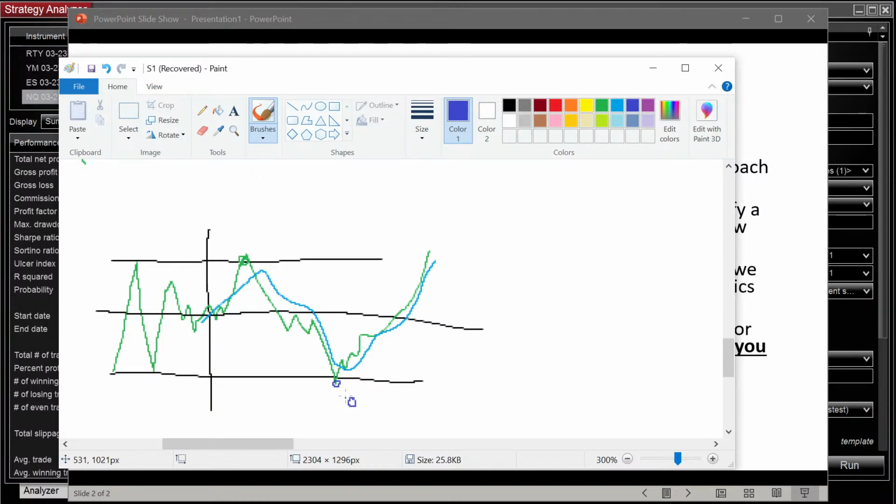But there's another flip side, due to the way the Laguerre works. In a lot of cases, the Laguerre will keep on going down, and you'll actually exit at a more advantageous price sometimes, because the price will actually be moving back up whenever the Laguerre crosses below the opening range low.